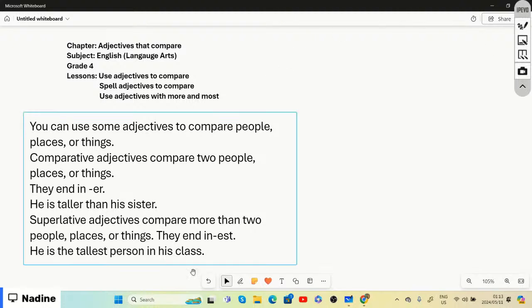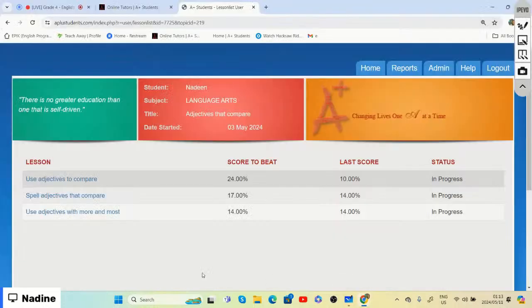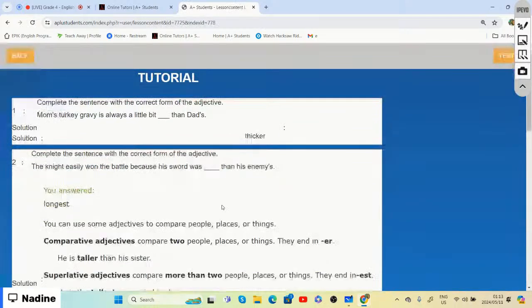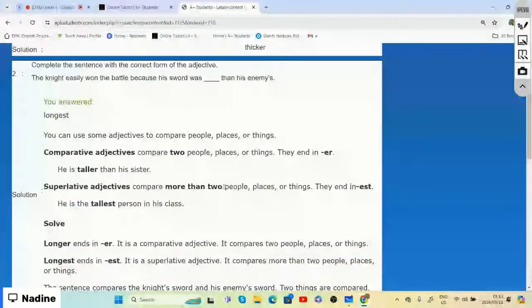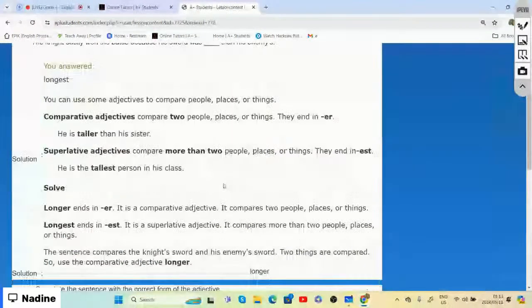So now we're going to aplusstudents.ca, and here we're going to continue with our adjectives that compare. We're going to the first one that says use adjectives to compare. You can use adjectives to compare people, places, or things, because an adjective tells us about a noun, it modifies the noun.